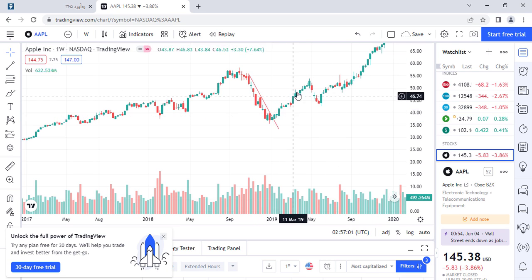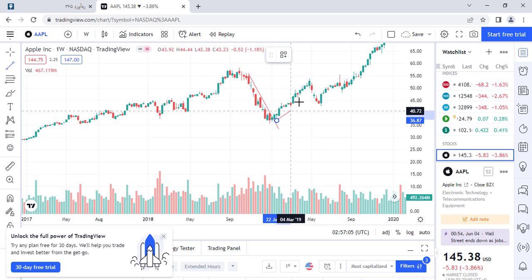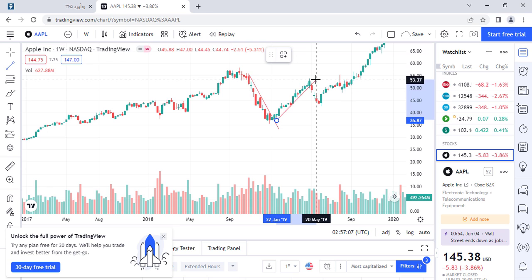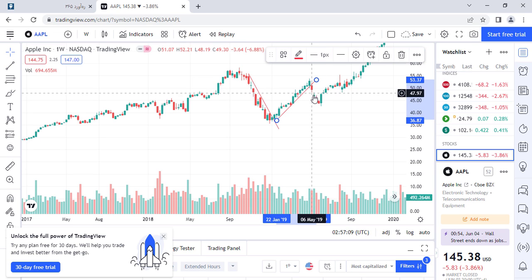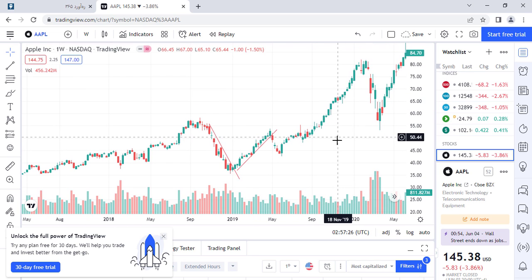The price starts a good movement to here, and also when the support line is broken, we have 1, 2, 3 candles under the line. We can say this trend line is broken.